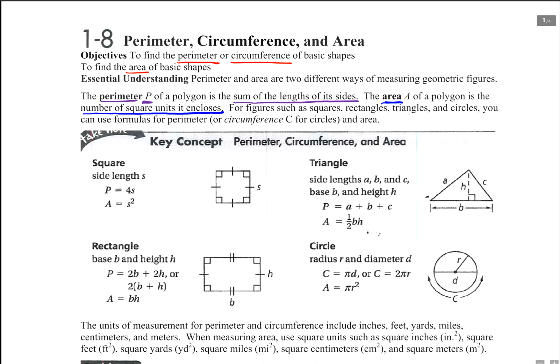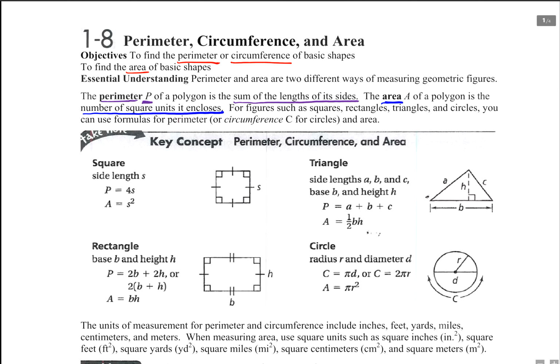A square has 4 congruent sides. Look here in our diagram, we see 4 congruent sides. And so we could just do 4 times the length of one of those, or we can just add them all up. We are also told that area is the length of the side squared.